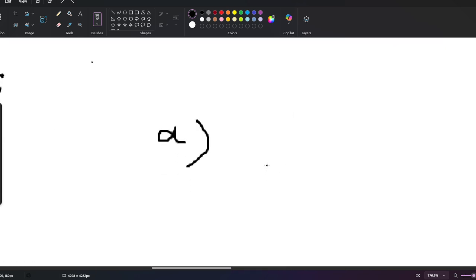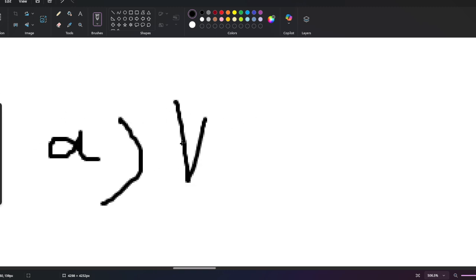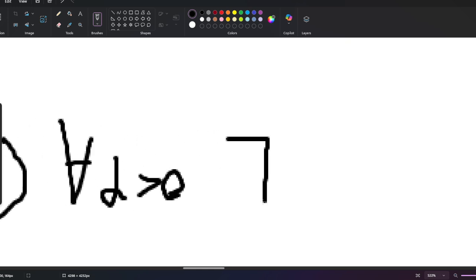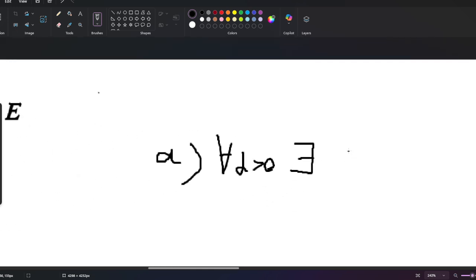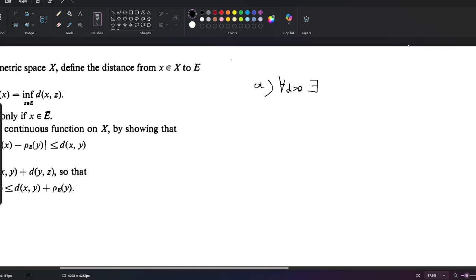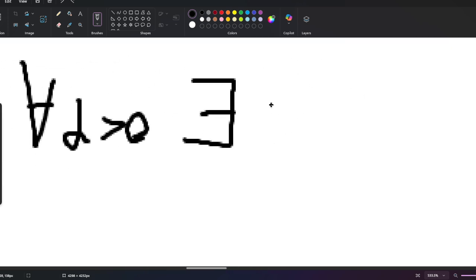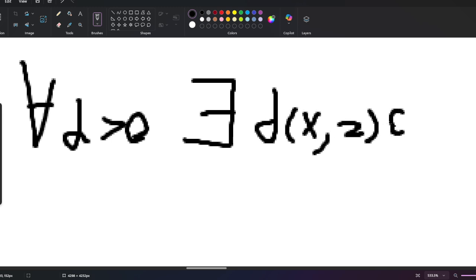That means that for every alpha greater than 0, there exists some element belonging to this set of distances, some distance d(x,z) belonging to the set of distances.